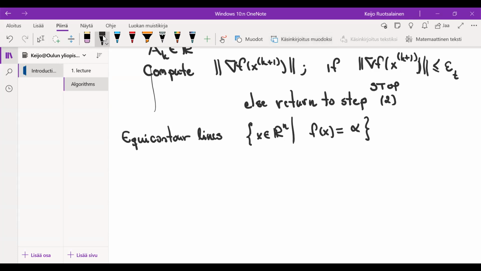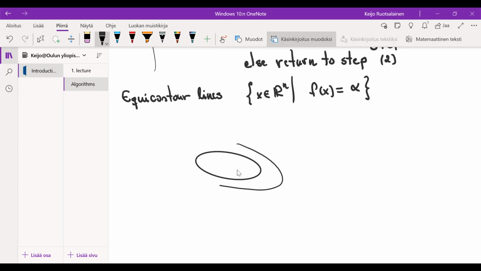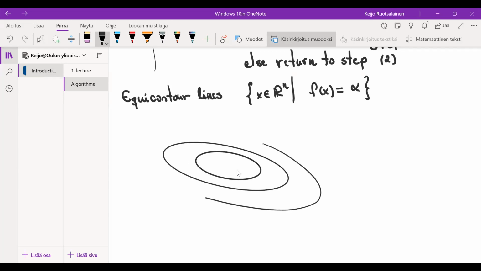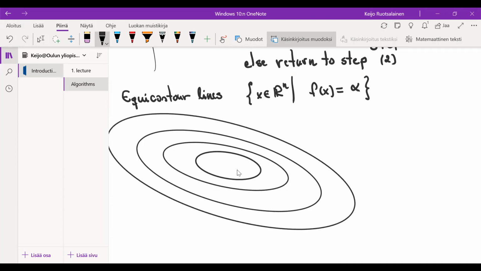So for example, if we have a quadratic function, the equicontour lines in 2D are ellipsoids. Like this.